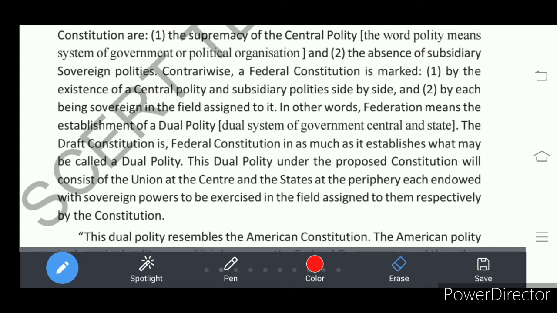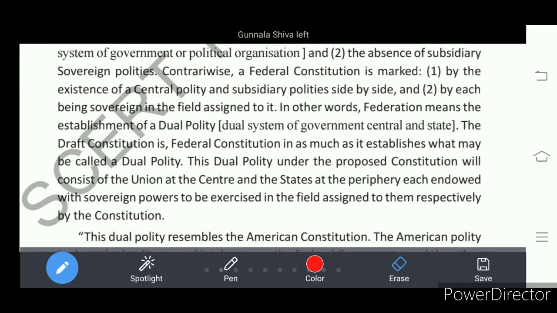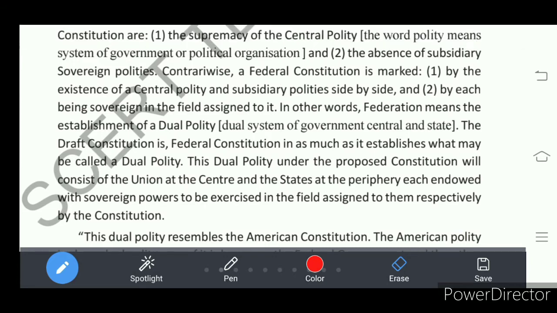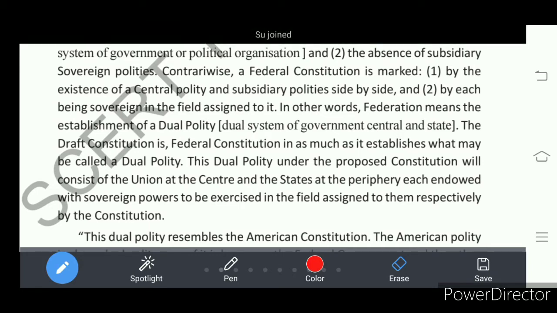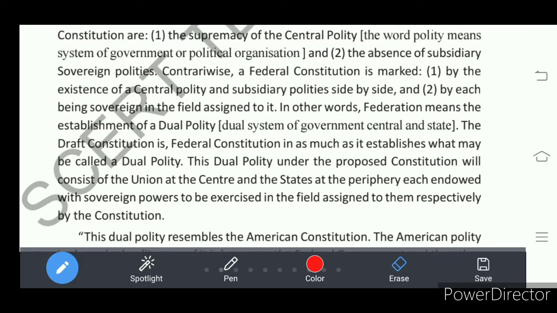That means there would be a central government at the national level, which we call the union government, and at the states level we find state governments.